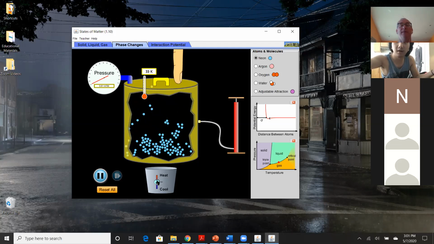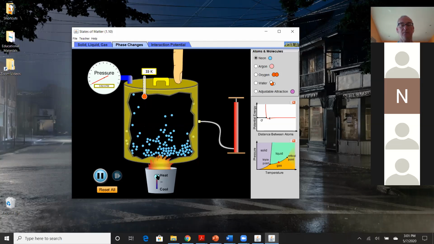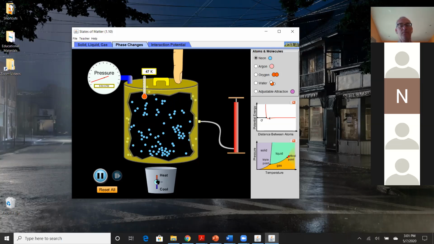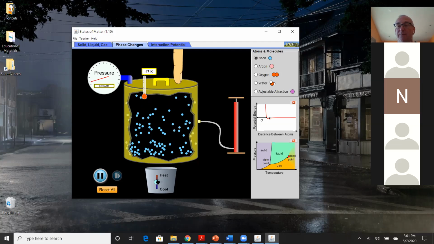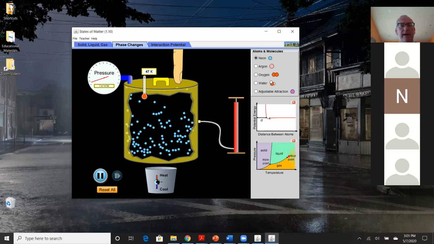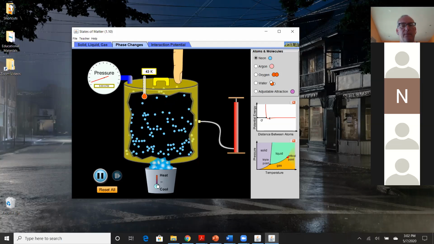Well, as I increase the heat, the pressure is going to go up and up and up. It's just going to keep going up. So that's always going to happen. If I keep adding heat, the pressure is going to go up and up. But how am I going to know when I'm at the boiling point? Cool it back down again.